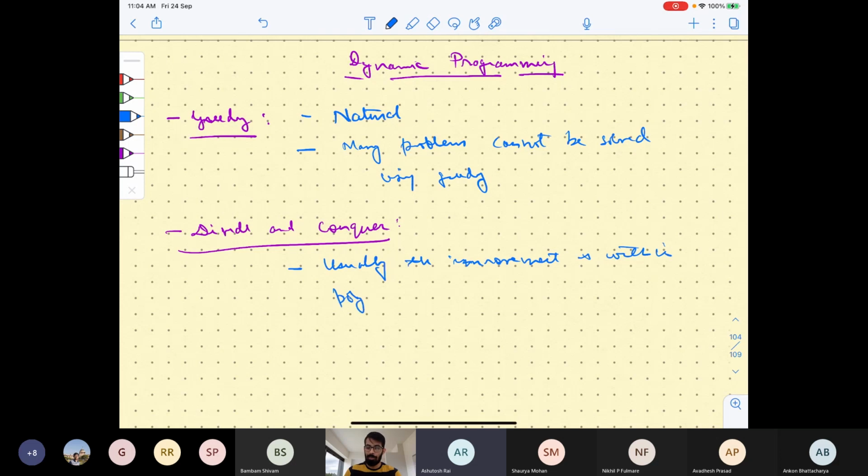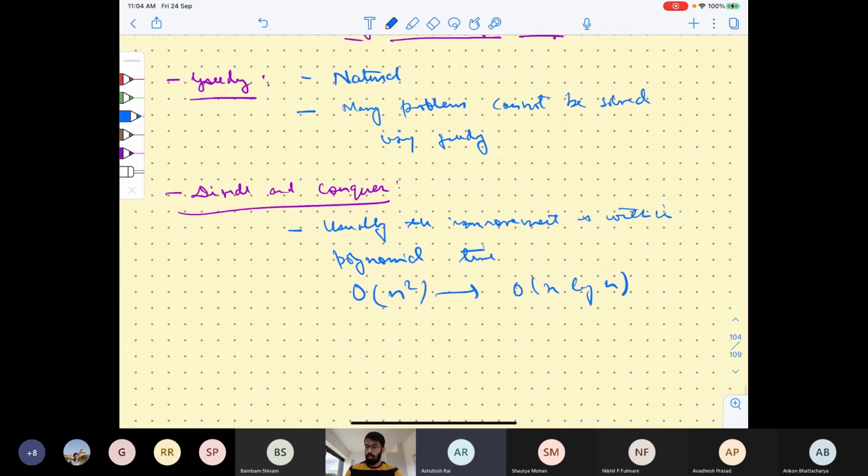Here I mean the polynomial time space, that from n square you go to n log n or something like that. So that is generally the case.